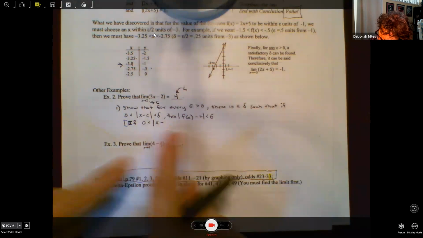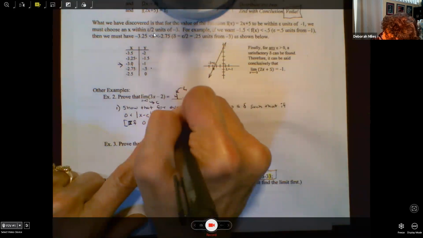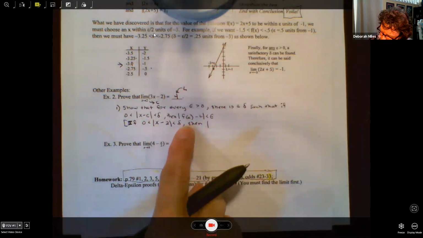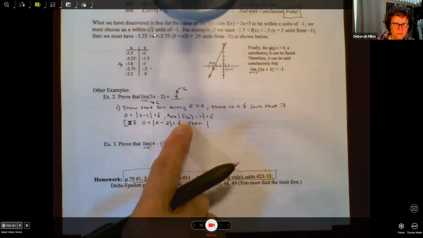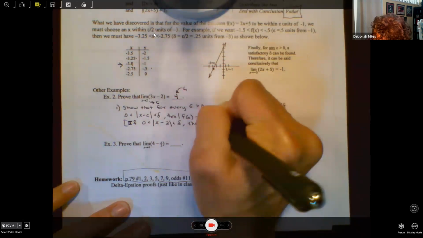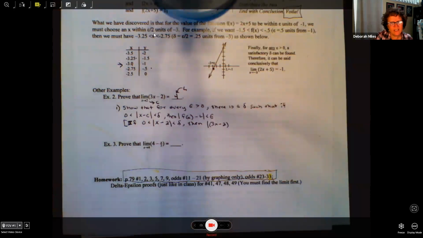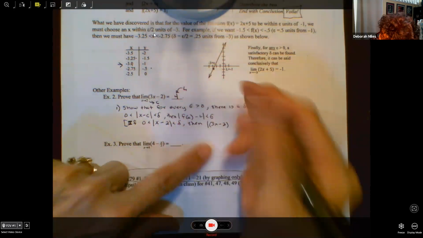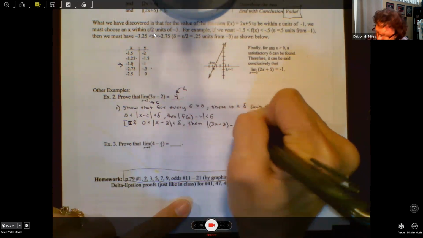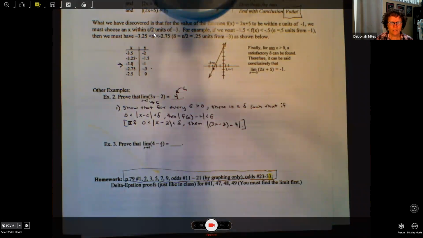So if the absolute value of x minus 2 is less than delta, then absolute value of, what do I put in place of f of x? 3x minus 2. The function. And you may want to use parentheses just so you can see that's your f of x. Certainly mathematically they don't make a difference, but f of x minus L, that's the whole thing we're trying to prove. So that's step 1.